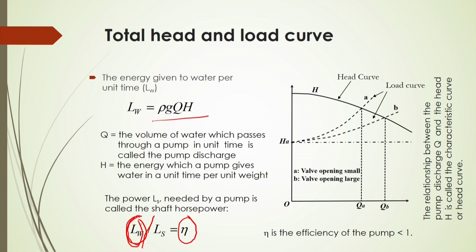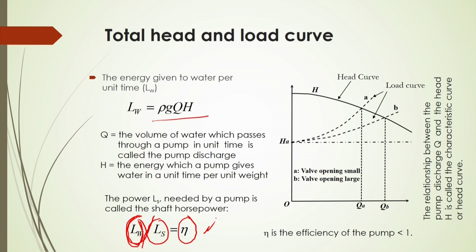These two would be equal, giving 100% efficiency, if the energy given to the water per unit time were equal to L_S, but really no pump is 100% efficient. So, there may be an efficiency of 80%, 90%. So, eta should be here 0.90.